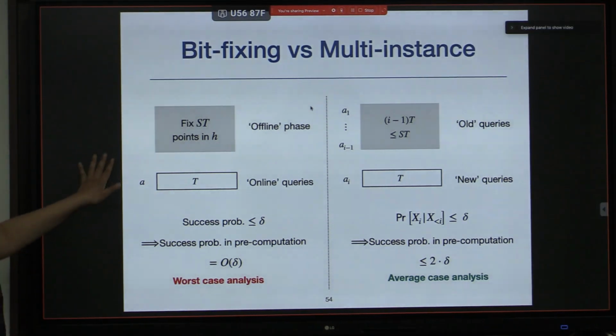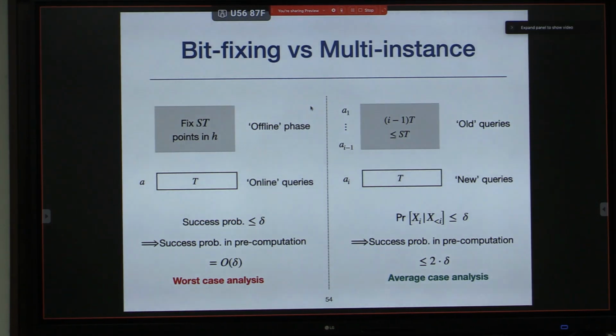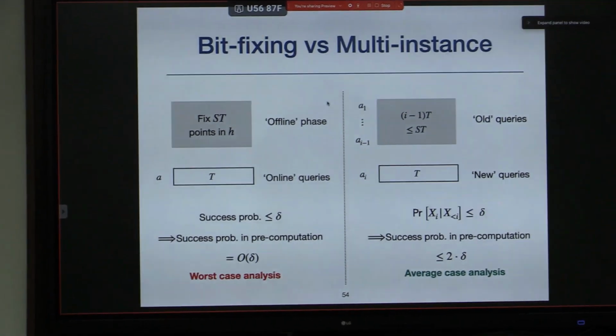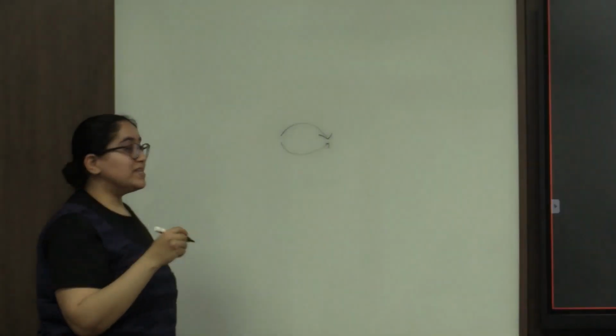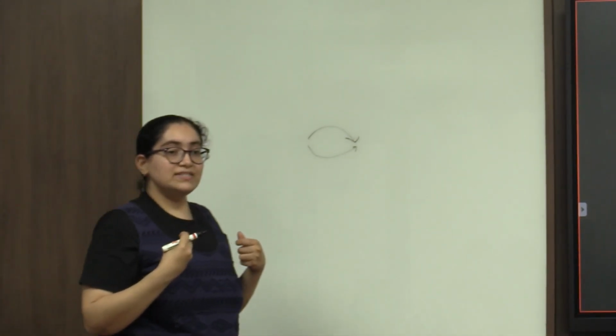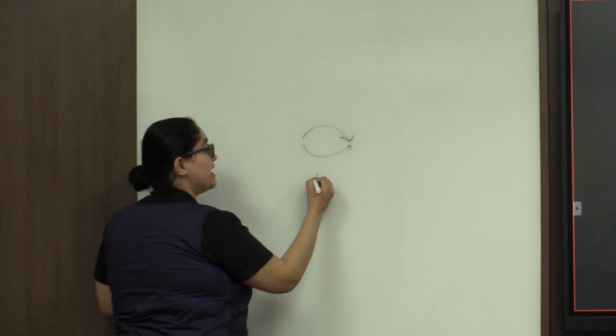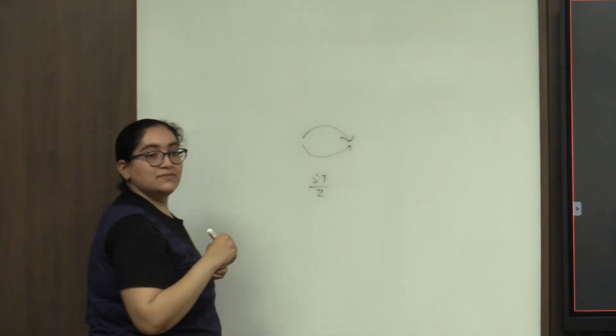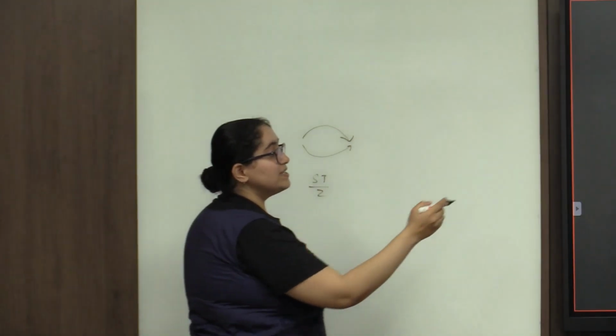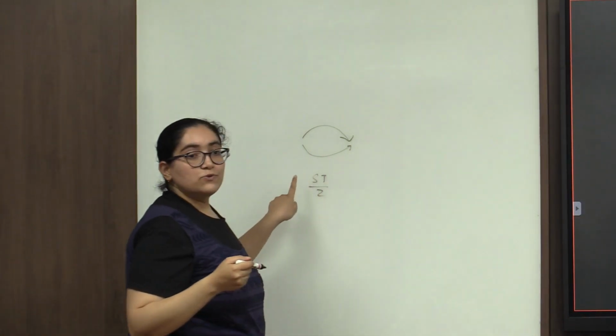So say I want this kind of structure in the previous queries. When I'm doing this as an adversary, I get to fix these ST points, and there can be ST over two such structures. Whereas when I'm talking about a random function, there cannot be ST over two such structures.